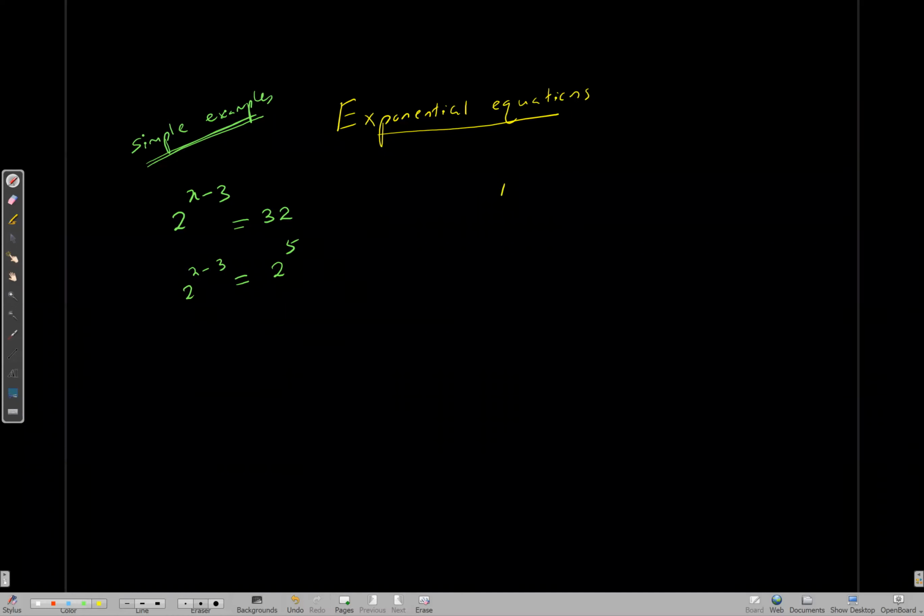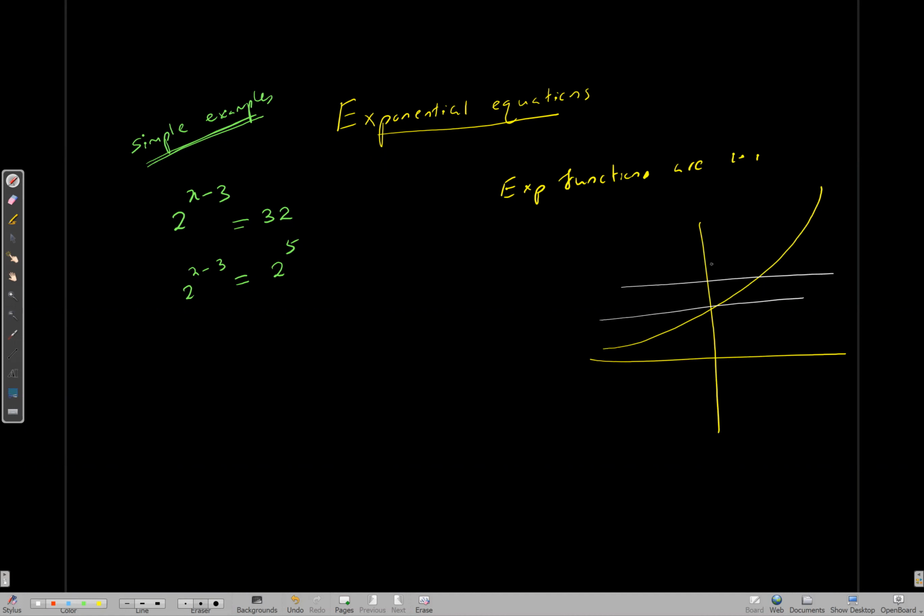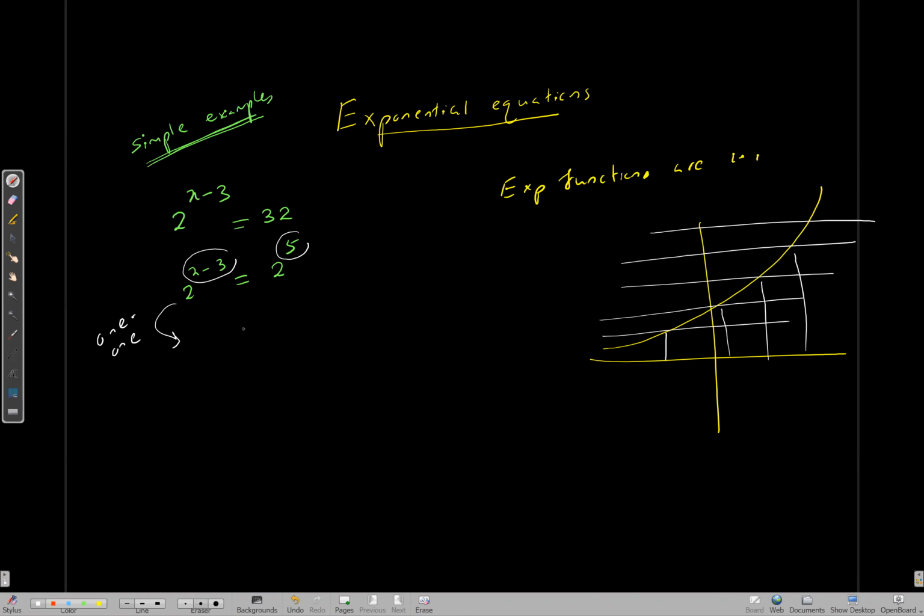Now, exponential functions are one-to-one because the graph of the exponential function looks like this. If you draw any horizontal line, for each x value you only get one particular y value. So they are one-to-one. Because of that property, you can simply say this is the same as this. So x minus 3 is going to be 5, so x is 8. We are using the one-to-one property of exponential functions.